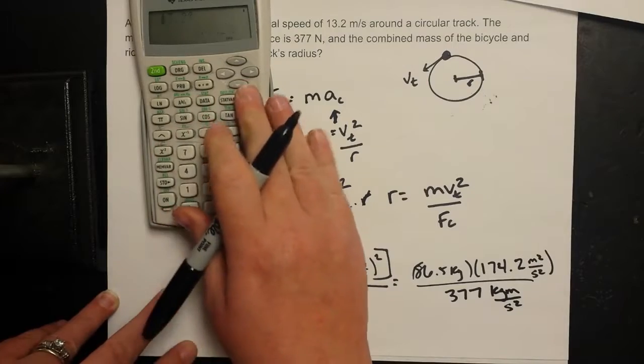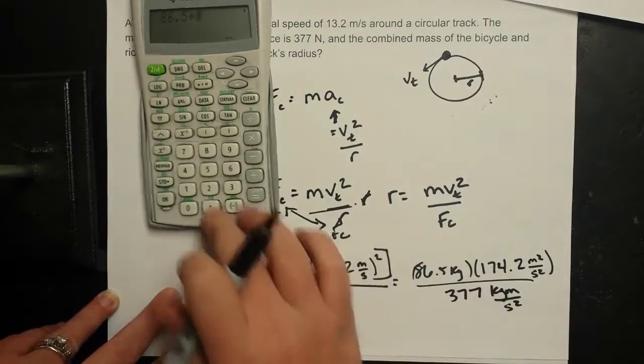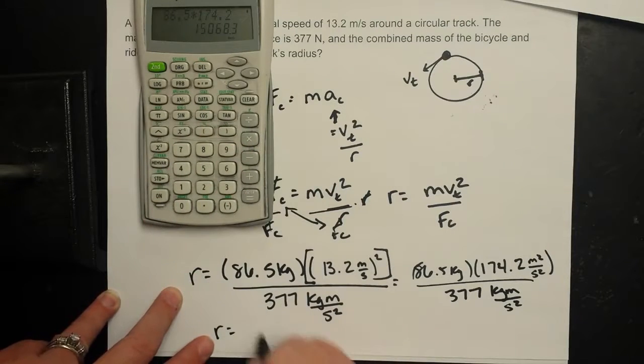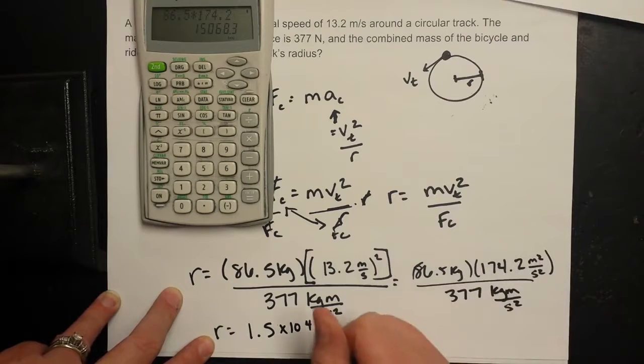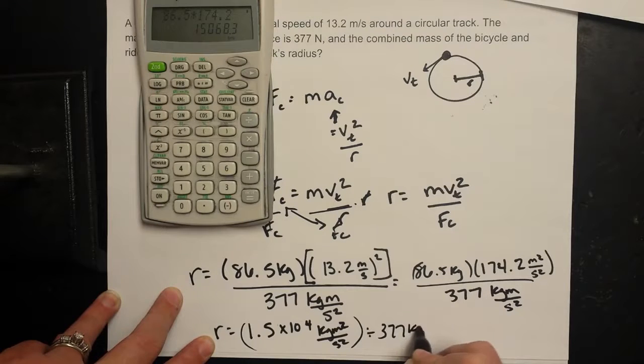My numerator now would be 86.5 times 174.2. So 1.5 times 10 to the fourth, and now it's going to be kilogram meter squared per second squared. I'm going to take this and divide it by 377 kilogram meter per second squared.